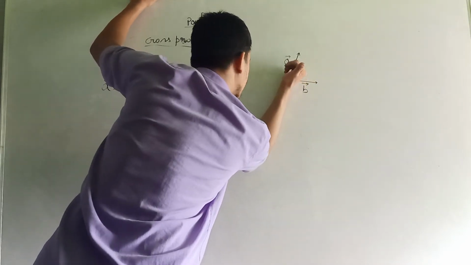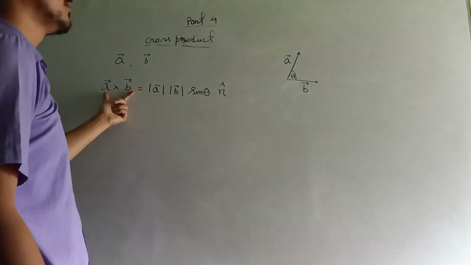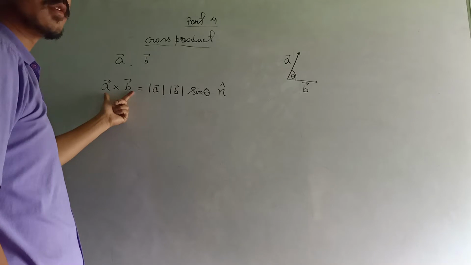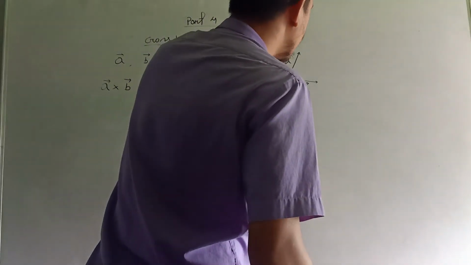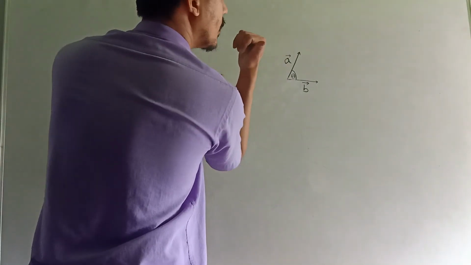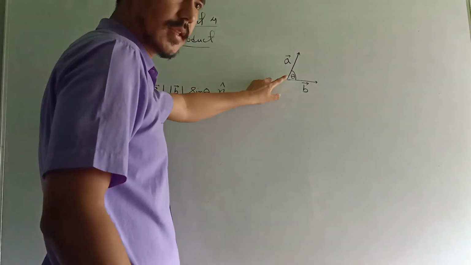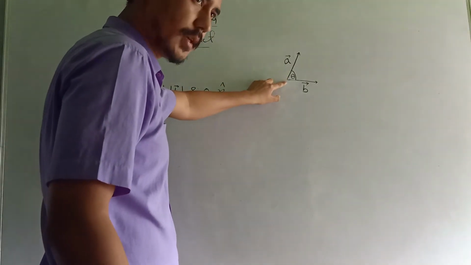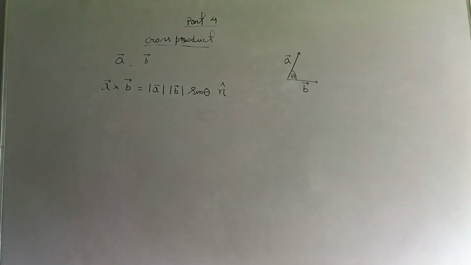Then the direction in which your thumb is pointing gives you the direction of the cross product, A cross B. That means in this case, the direction will be perpendicular outwards to the plane containing A and B. Are you following that?